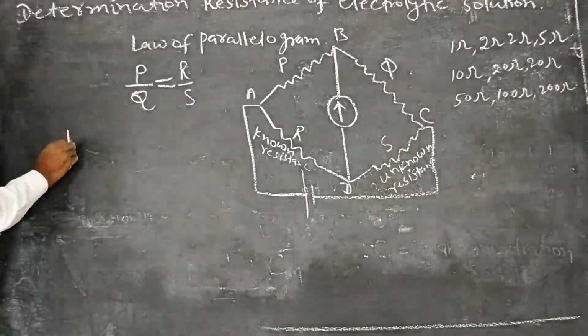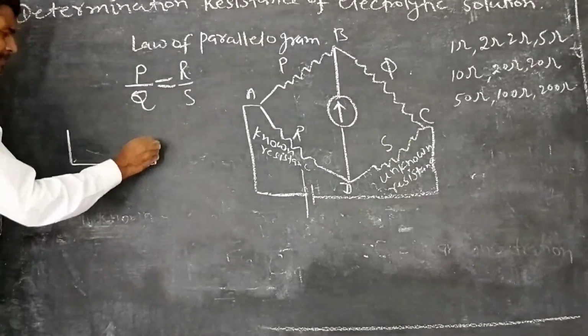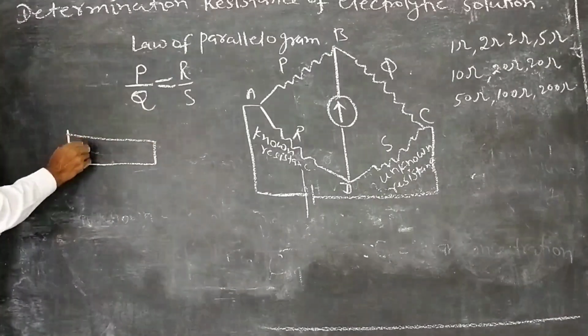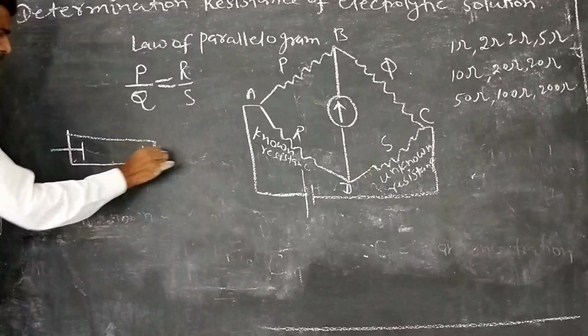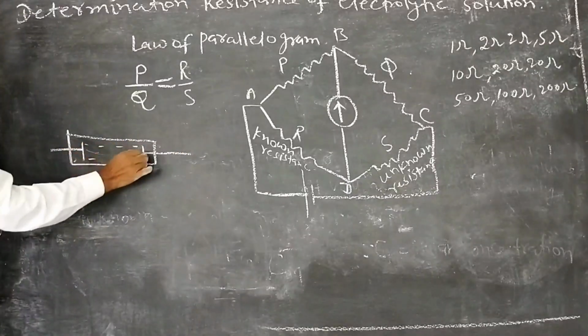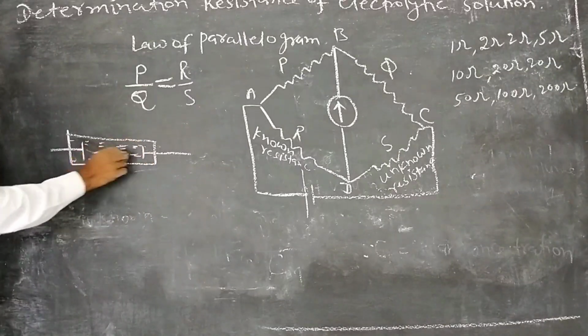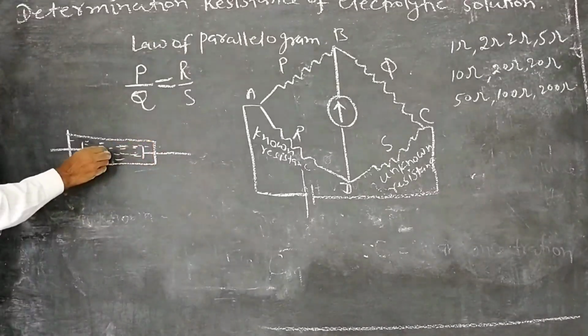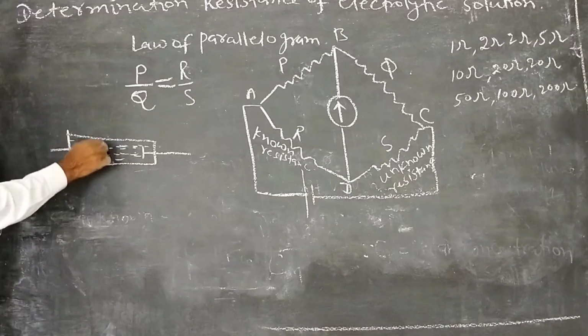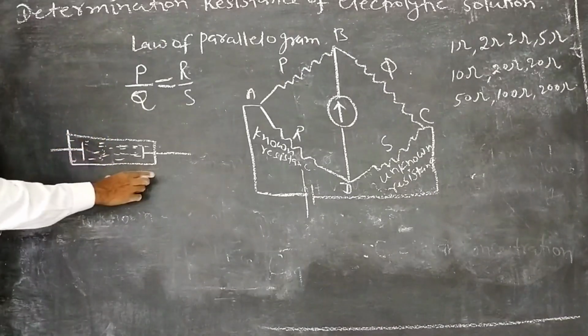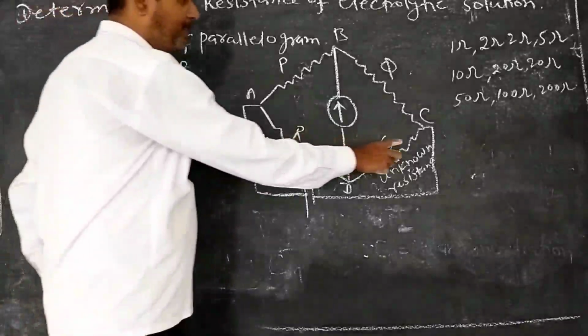Electrolytic solution is filled up in a container having 2 electrodes. Let resistance of this electrolytic solution be S. This cell is set up in this.